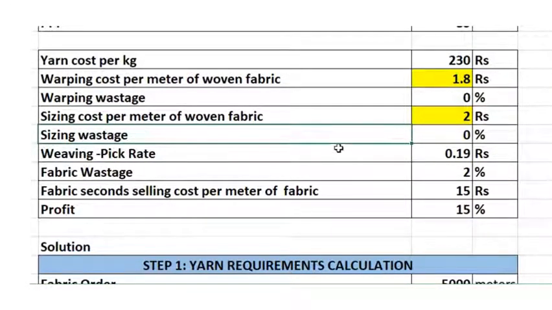Sizing wastage is also 0. The weft cost is given as pick rate 0.19 rupees, and fabric wastage is 2 percent. The fabric waste is sold at rupees 15 per meter, and the profit percentage is 15. We need to find the selling price per meter of the fabric with the available data.